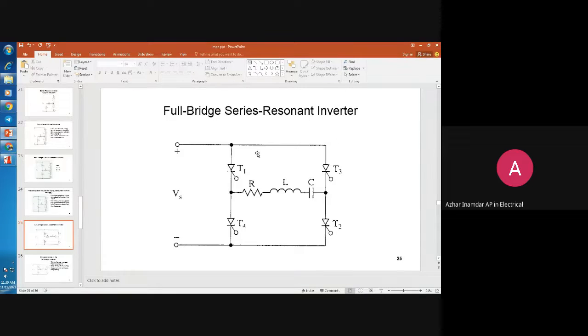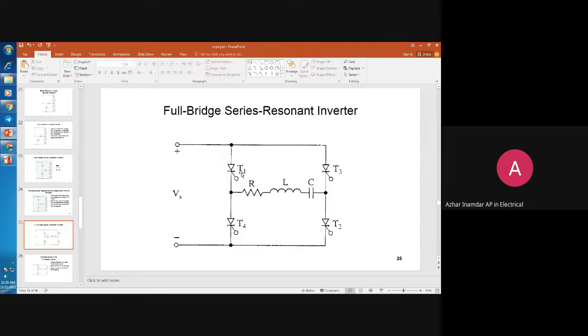This inverter allows higher power output. We can see here there are four thyristors, T1, T2, T3, T4. There are two modes: in one mode two of the thyristors turn on, and in the other mode the remaining two turn on.